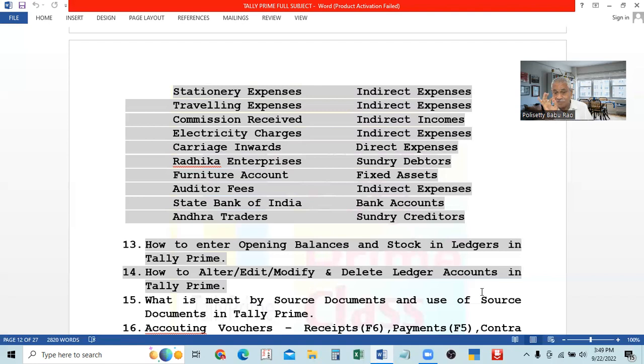Remember always, remember well. You can see the video again and again to understand. The seller will issue a credit note, and the buyer will issue a debit note.